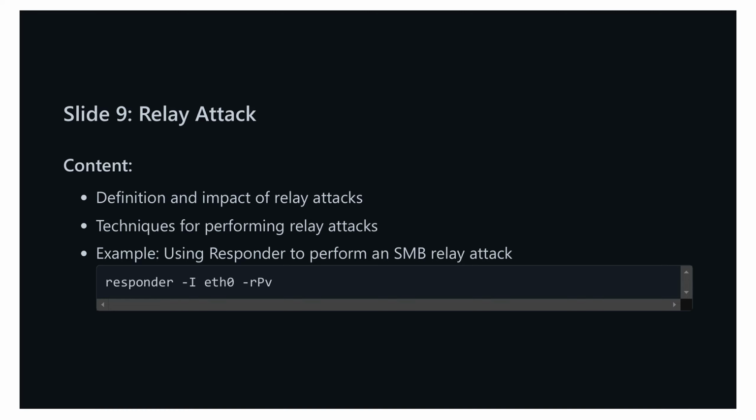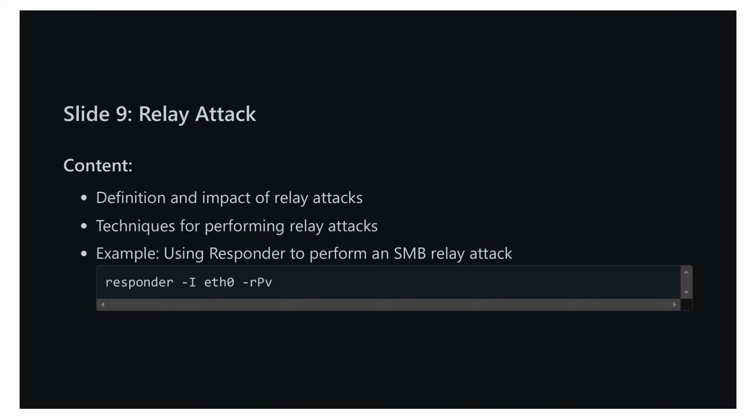Now let's move on to slide 9, which focuses on relay attacks. Relay attacks involve intercepting and relaying authentication requests between a client and server, effectively allowing the attacker to masquerade as both parties without knowing the actual credentials. These attacks can have significant impacts, potentially leading to unauthorized access and lateral movement within the network.